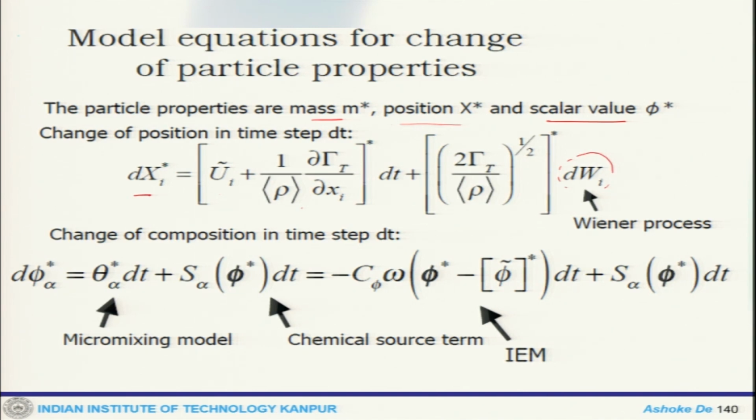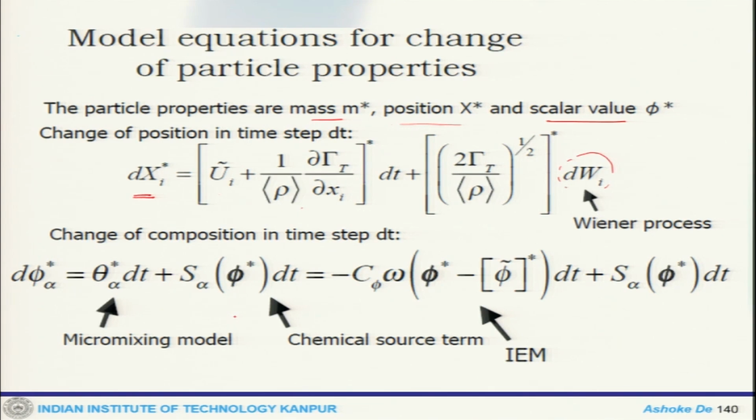So this Wiener process is known as a stochastic process. We allow these particles to move randomly within that particular cell, but the combined effect we can see is what would be the displacement of these particles over a time step of dt.